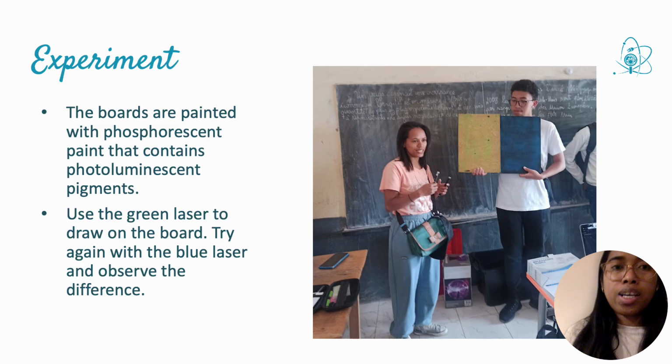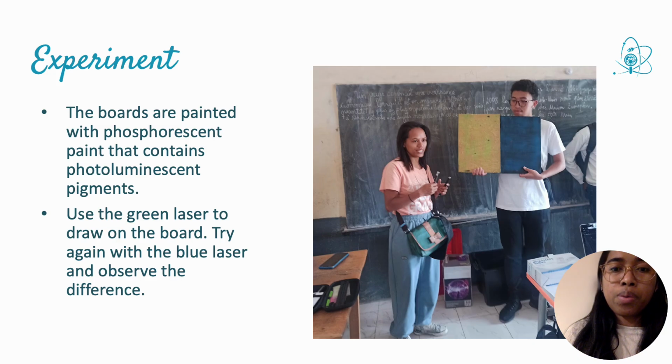Now, as part of an experiment to explore this phenomenon, we use a board that has been painted with phosphorescent paint. The paint contains photoluminescent pigments. The first experiment that the student can then test is to use a green laser to draw on the board.